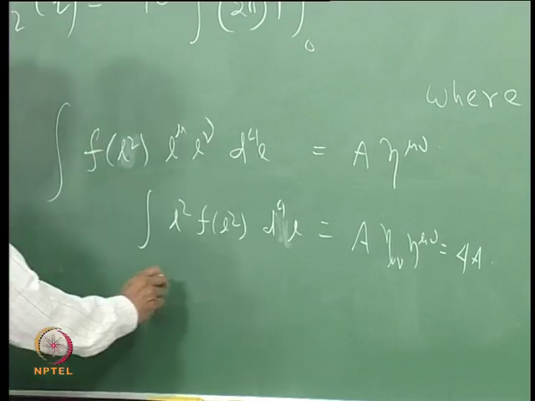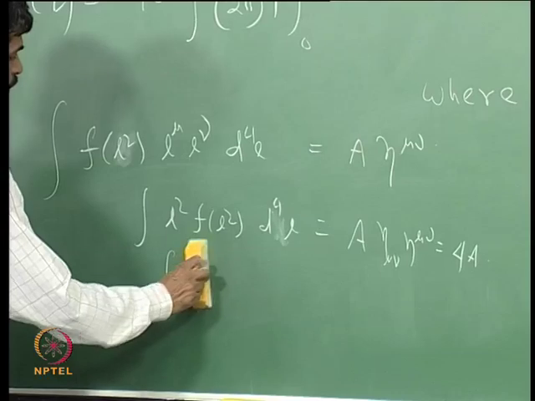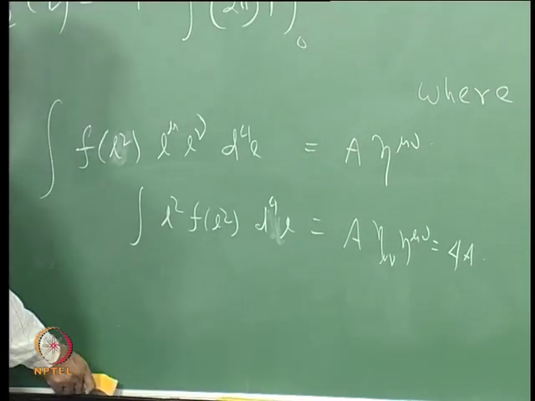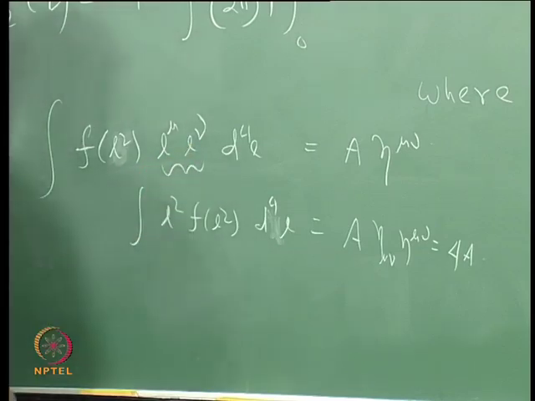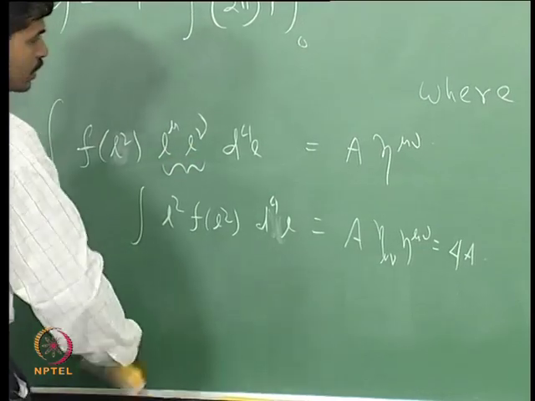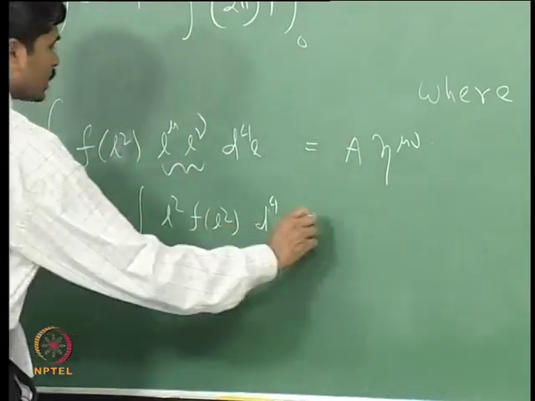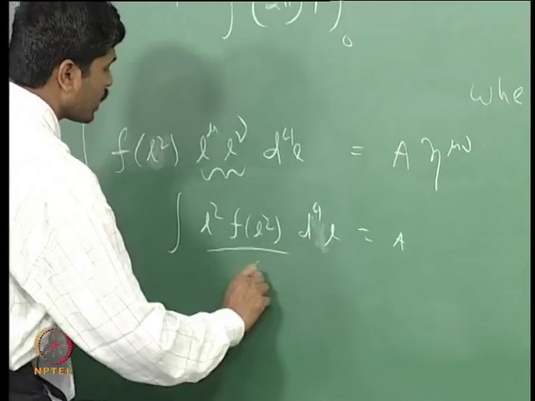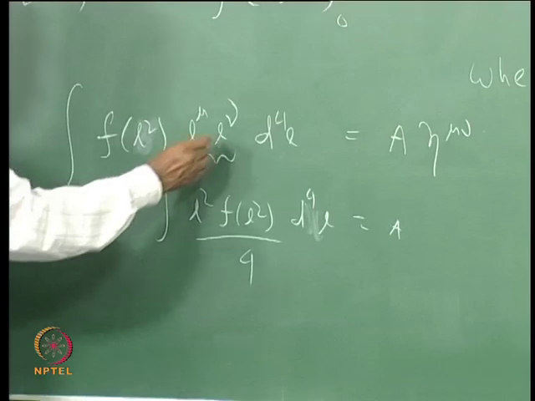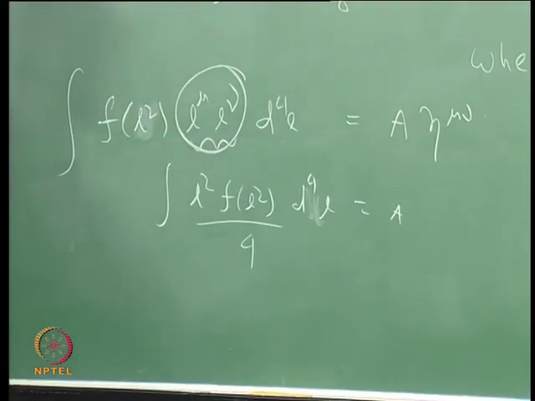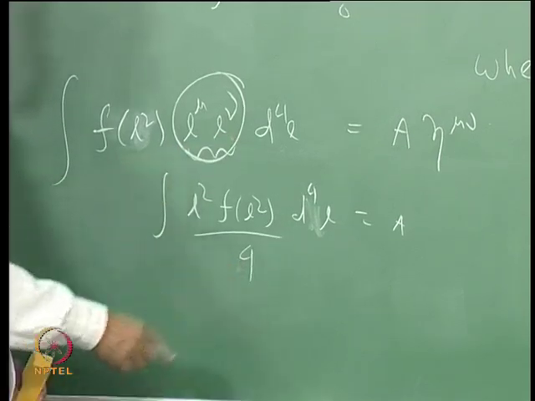Therefore, in this integration, your a is merely given by this divided by 4. So, in this integration you can merely replace L mu L nu by L square divided by 4.